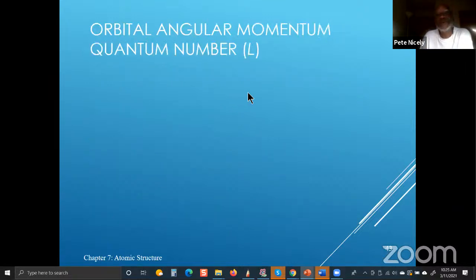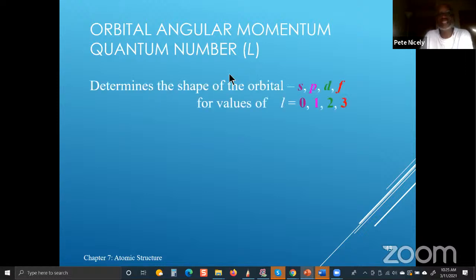Okay, the second quantum number is what is called the orbital angular momentum quantum number. In some textbooks, they call it the azimuthal quantum number, and it is symbolized by the letter l. Now, the thing about this particular quantum number is that it determines the shape of the orbital. And there's a letter designation for each value.